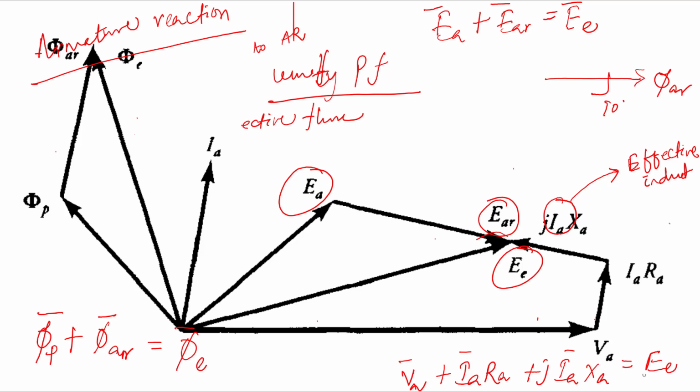Yes, sir. Okay, now because EAR is one of the voltage phasors, I can write this in terms of XM. XM is your magnetizing reactance in the armature circuit. I can write it as minus JIAXM because it is opposing the actual voltage induced, right?